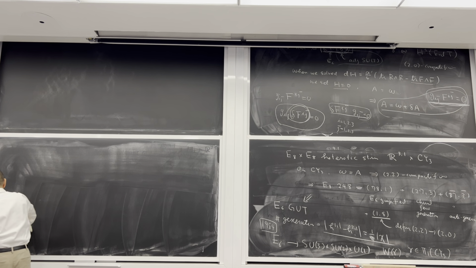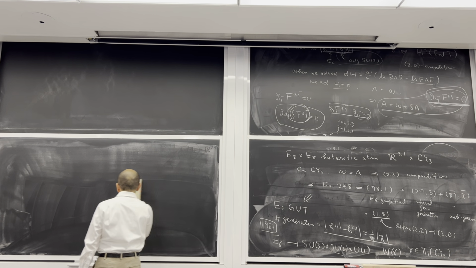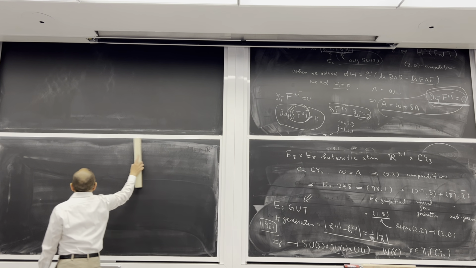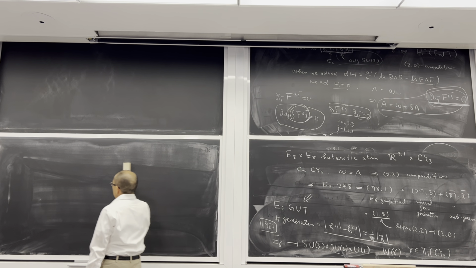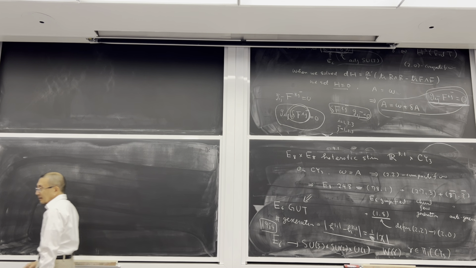People knew about open strings, and if you have a T-duality transformation, which relates a torus of a certain radius to a torus of the inverse radius, in a mechanism that we discussed earlier, then it gives rise to open strings with a combination of Dirichlet and Neumann conditions. So those things were known already in the late 80s by Polchinski and others.